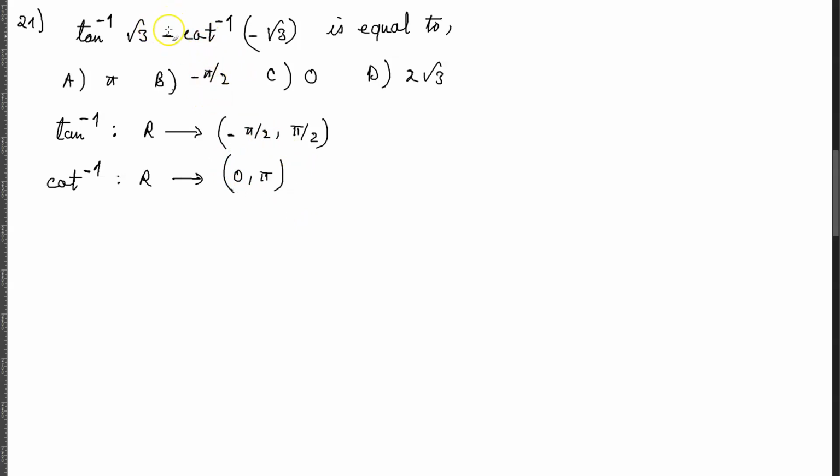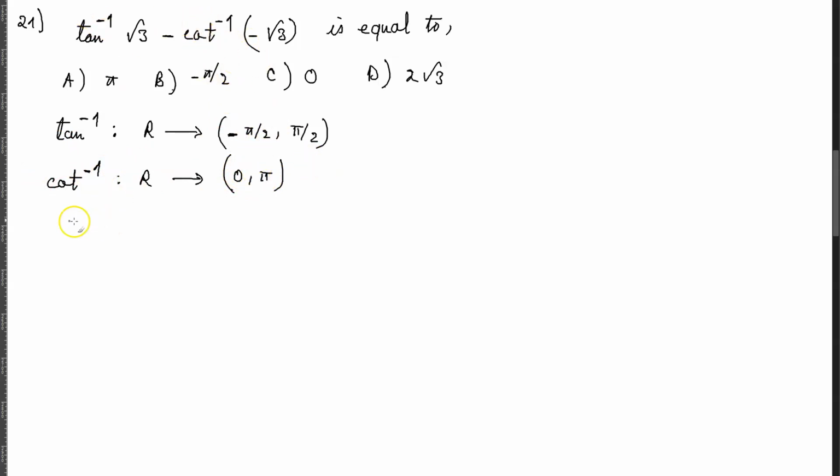Which means that the input to your function can be anything, there is no problem with that, but your outputs have to be between negative pi by 2 and pi by 2 for the tan inverse function, and between 0 and pi for the cot inverse function, right?